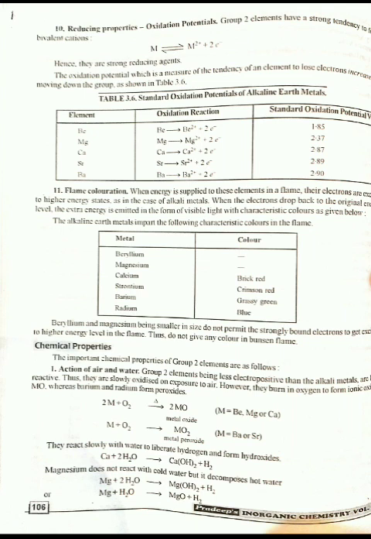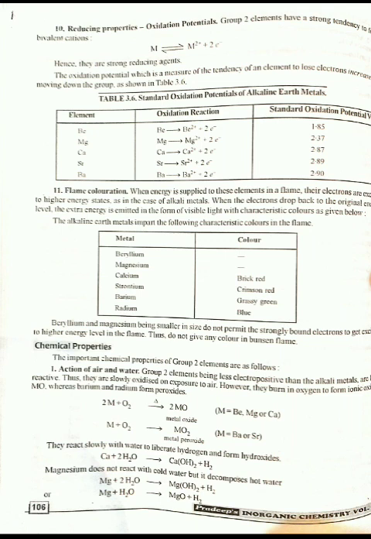Calcium gives out brick red, strontium gives out crimson red, barium gives out grassy green, and radium gives out blue. Beryllium and magnesium, being smaller in size, do not permit the strongly bound electrons to get excited to higher energy levels in the flame. Thus, they do not give any color in a Bunsen burner.